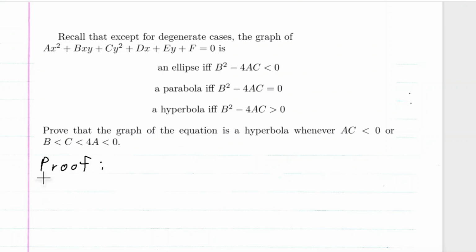And we're going to go into case 1, right? Case 1 because we have an or, right? So we have to show that it works for this and then that it works for this. So case 1 is ac is less than 0.